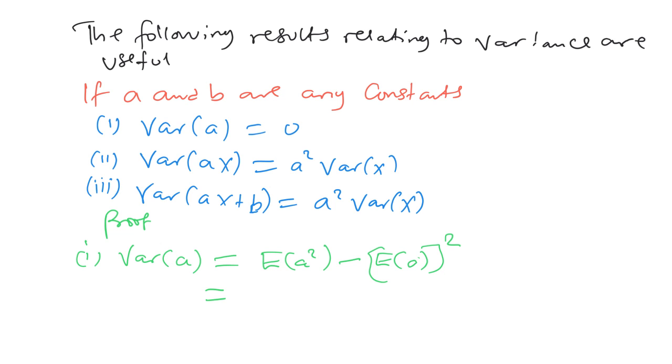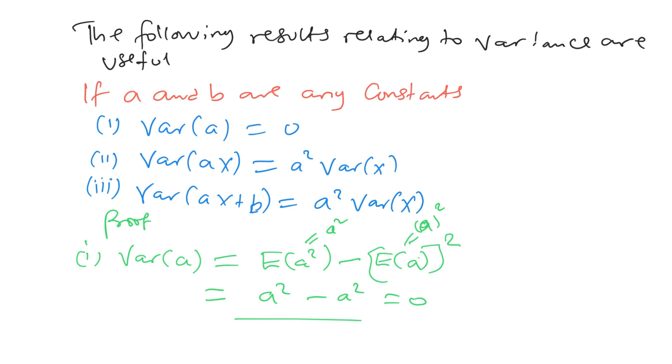So this is going to be a squared minus a squared, which is equal to 0, because this part will produce a, then you square it, and this part produces a squared. So we have a squared minus a squared, which is equal to 0, and therefore the variance of a constant is 0. So the rest are yours. Reason the same way, you'll get those results.